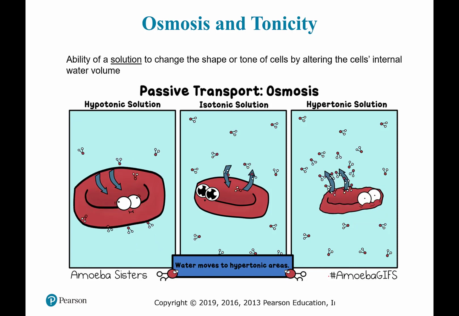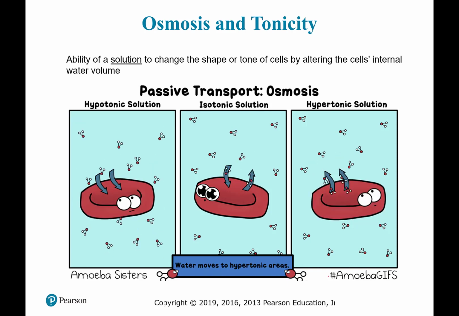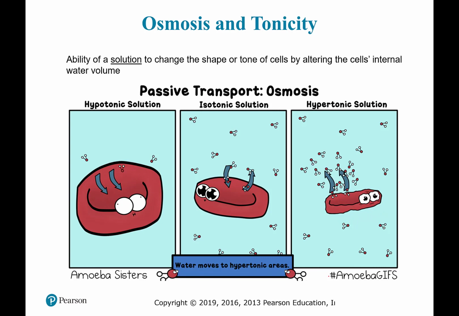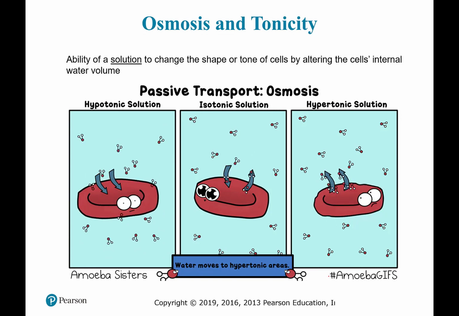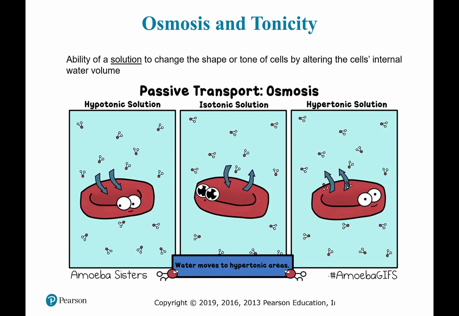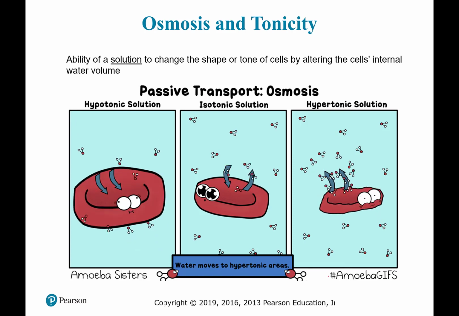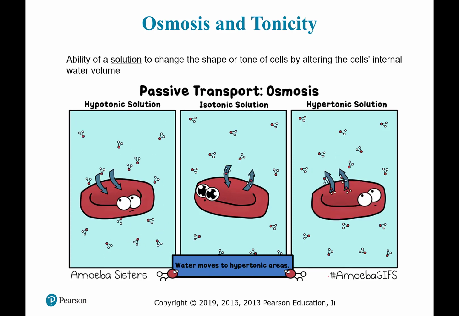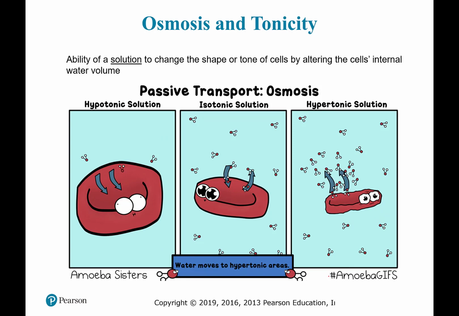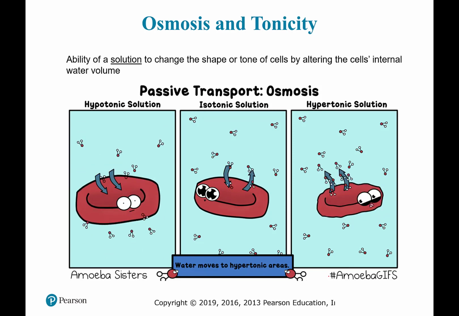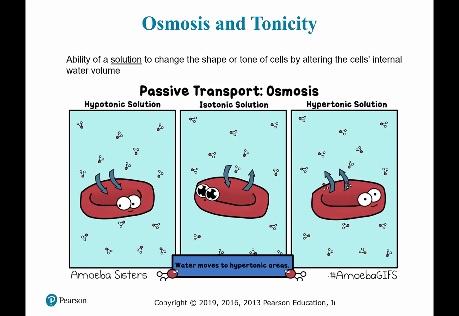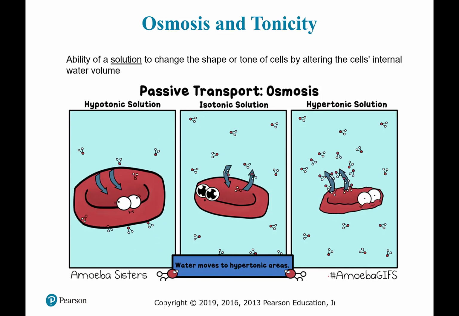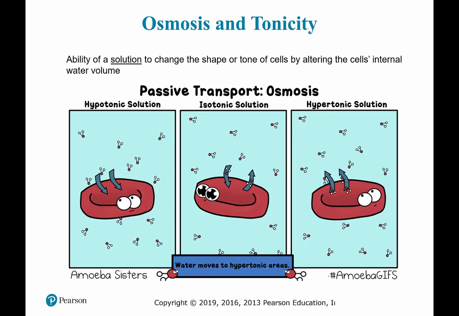On the other hand, if we drank a whole bunch of water, much more than our body needs, something like in a water competition, this means we have a lot more water in the outside environment and makes the inside of the cell more concentrated. This cell is then considered to be in a hypotonic solution.